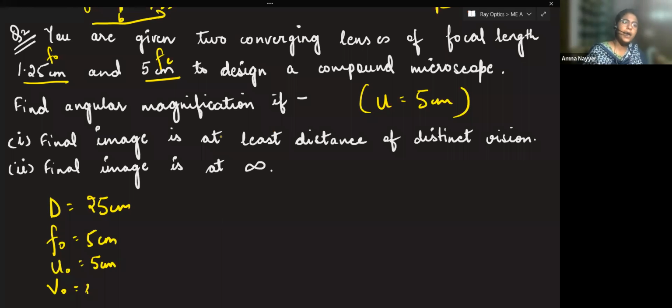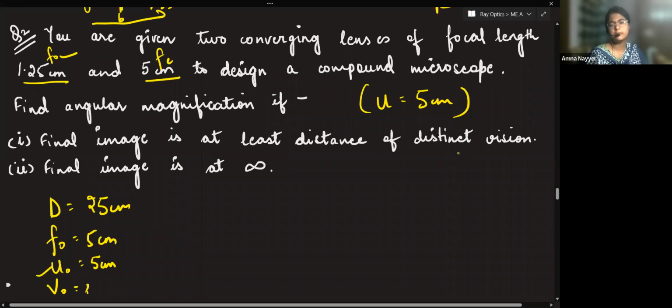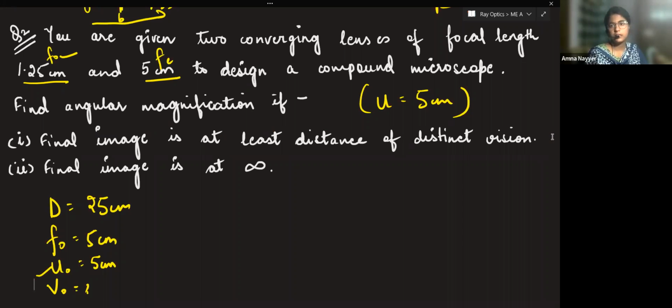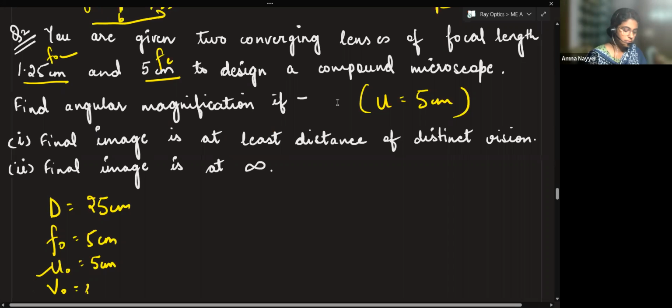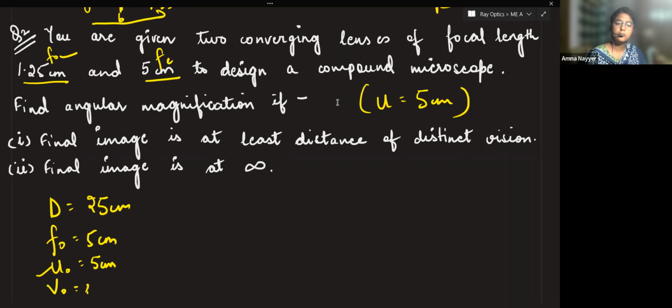So see, if I have f naught, if I have u naught, can I calculate v naught by any method? Can v naught be calculated by any method or not? f naught is there, u naught is there, can v naught be calculated or not, class? Or is it impossible to calculate v naught using this much data?